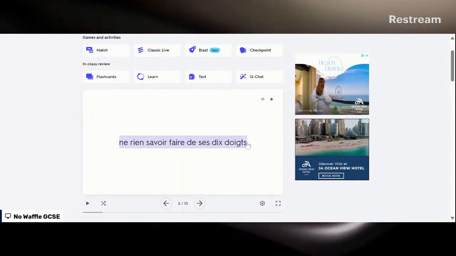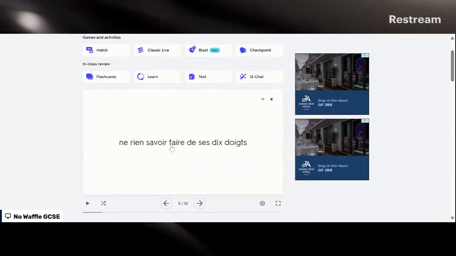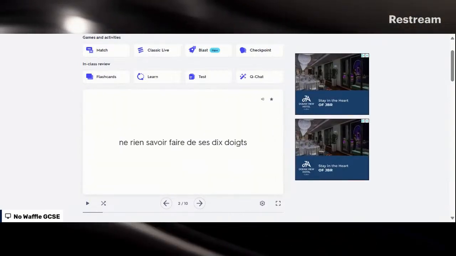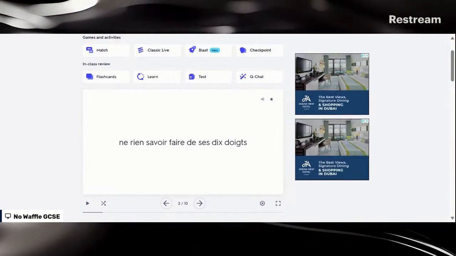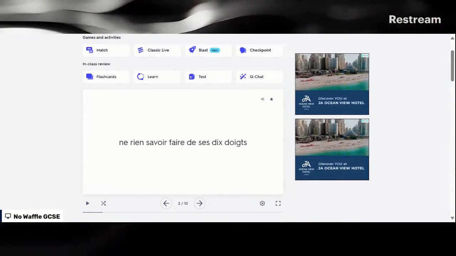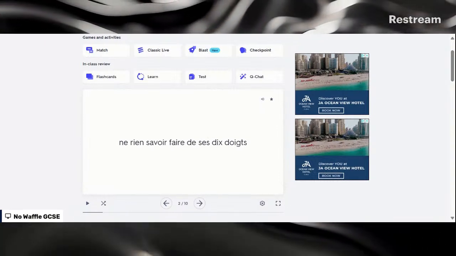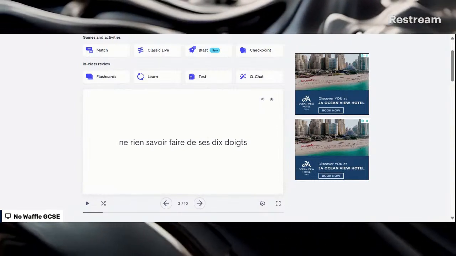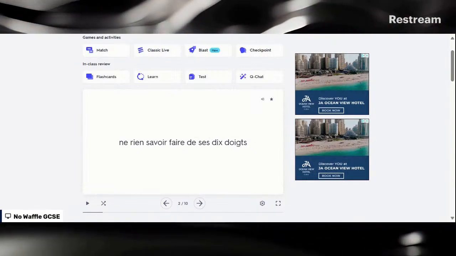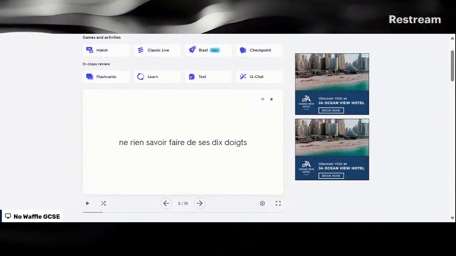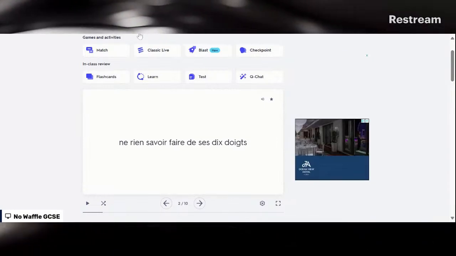Because obviously that's going to have a meaning. Let me find it out. Yeah, the smaller live streams are fun as well to do. So not knowing how to do anything with 10 fingers. That's what it means.